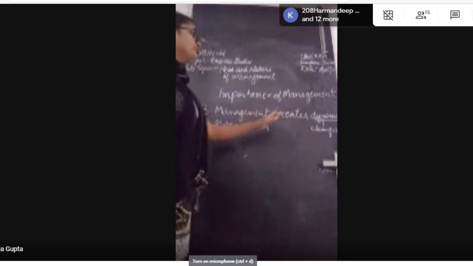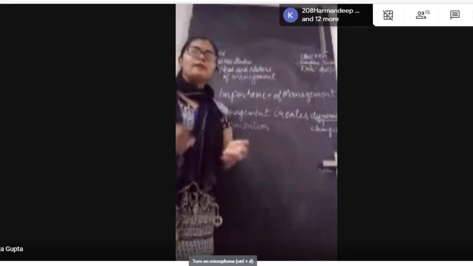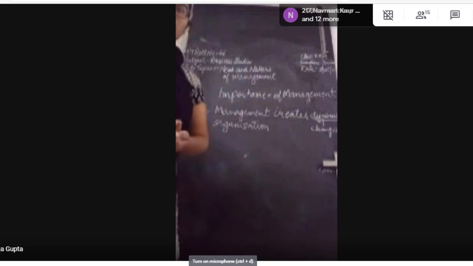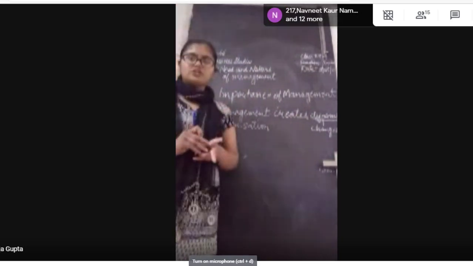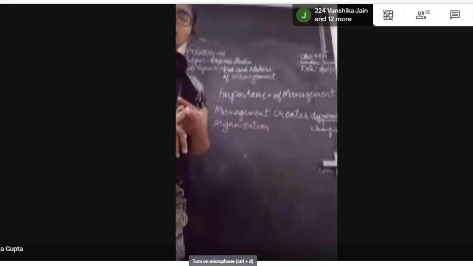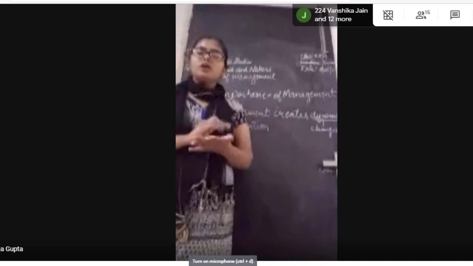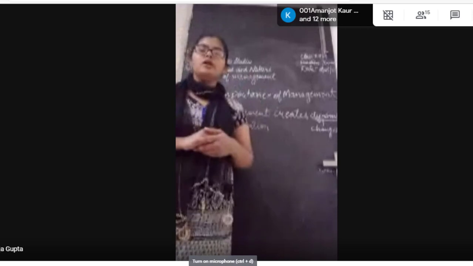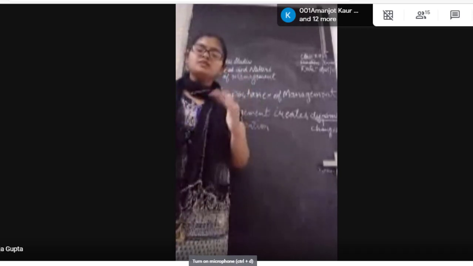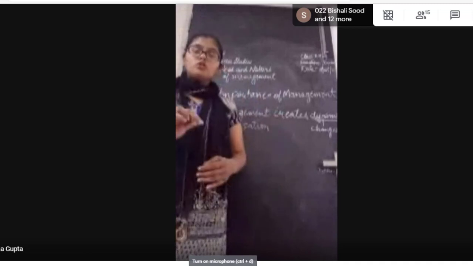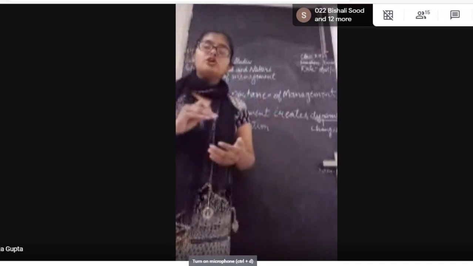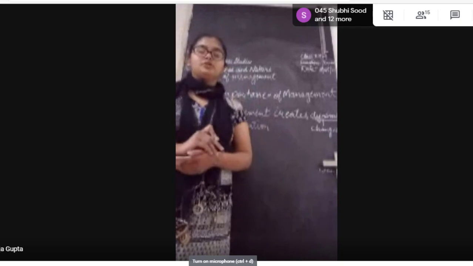I will explain with an example. There are two organizations, and one is watching the world carefully, what is going on in the world and what is required, and one is just going through its work like it has already been doing. So tell me, students, which organization will survive in the market, the first firm or the second firm?